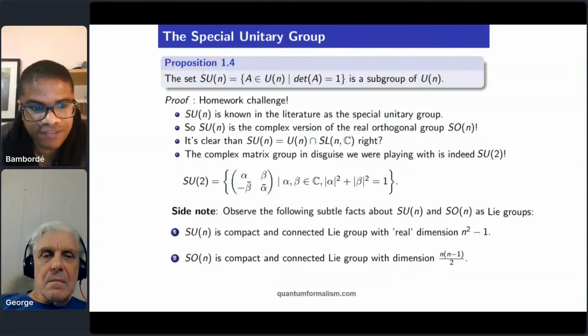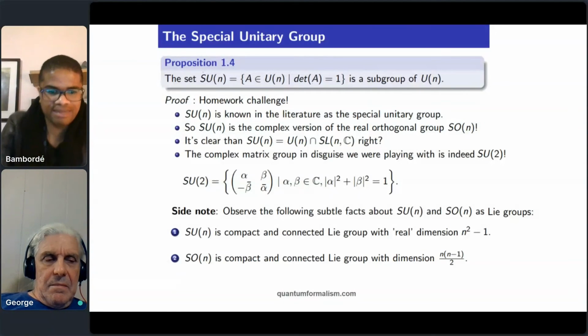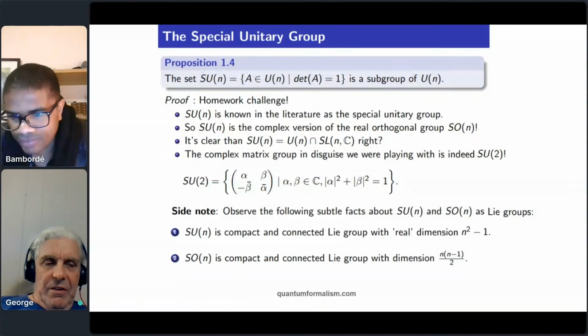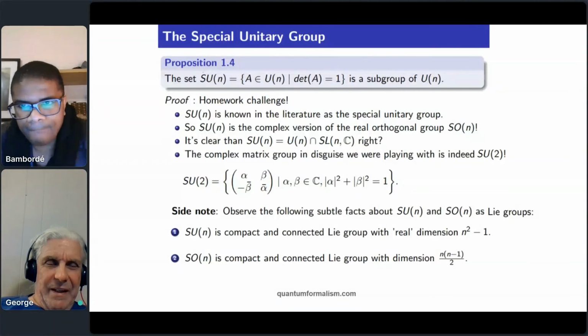Very interesting groups. In the real case, for instance, the symplectic group, the Poincaré group, all this stuff. But right now, all we are doing is specializing step by step. We're specializing to invertible matrices, then specializing to unitary matrices, and then within that specializing to determinant 1.